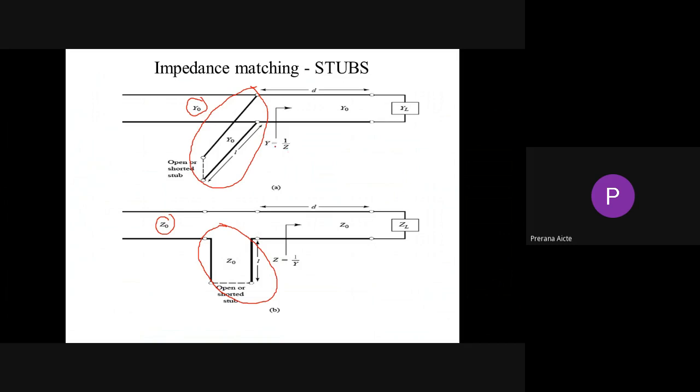Now here the length of the stub is L. Here also the length of the stub is L. You can connect either open circuit or short circuit stubs, whatever it may be. That depends upon the application.